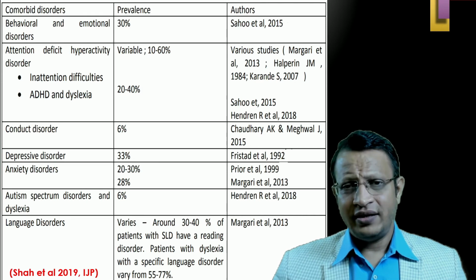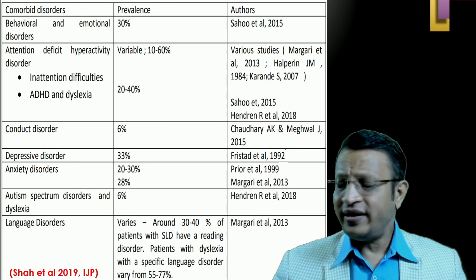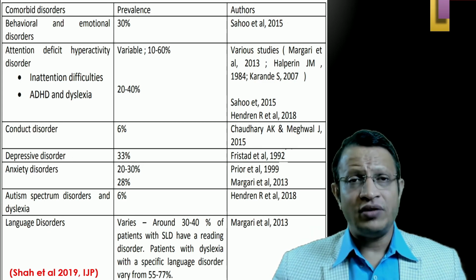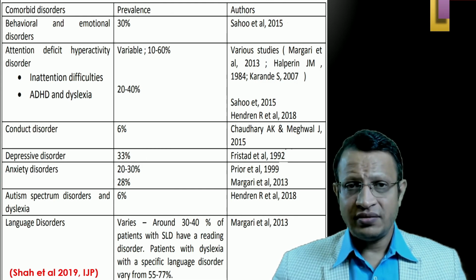If you look at Shah et al., that is in 2019, published in IJP, they looked into various comorbidities. Behavioral and emotional were 30%, ADHD were around 10 to 60%.